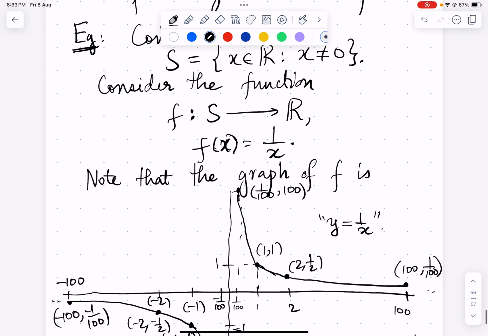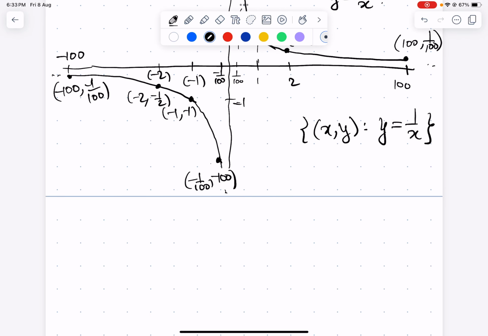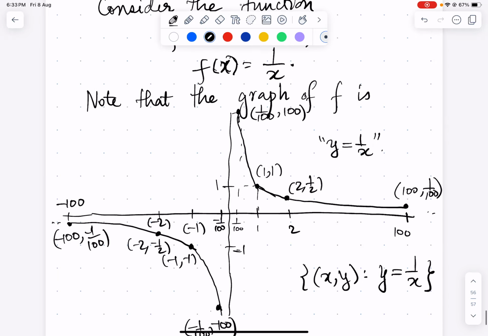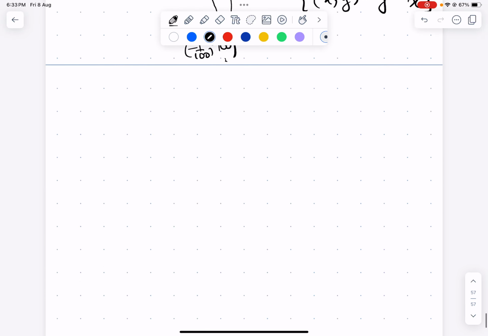Okay, so we looked at some functions and their graphs, and we'll just make a note.